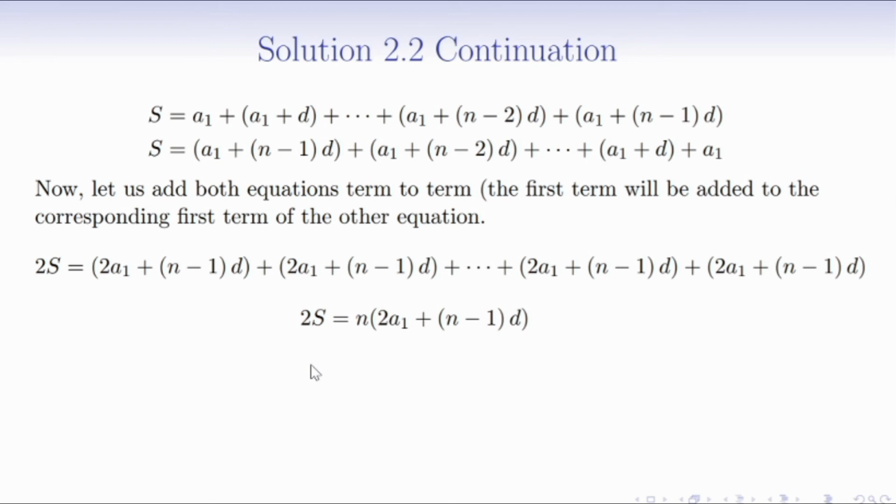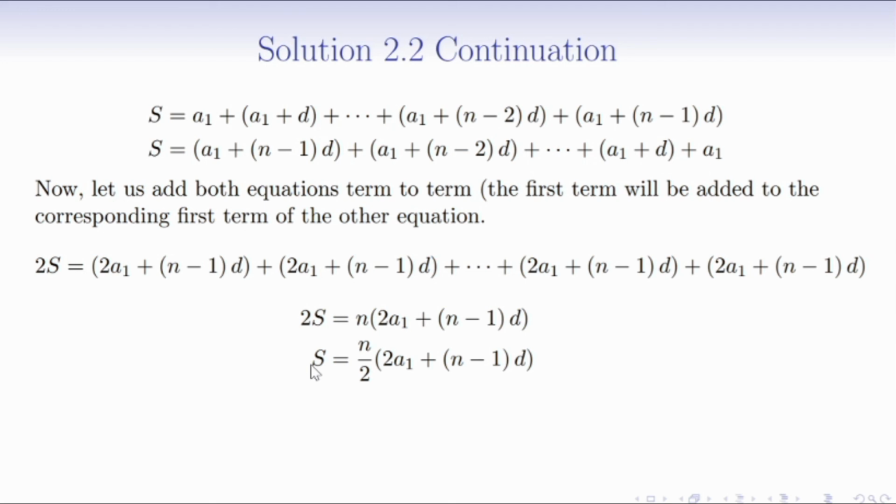All of the terms are the same, and you have exactly n of them, so we multiply by n, then divide by 2 to get S.